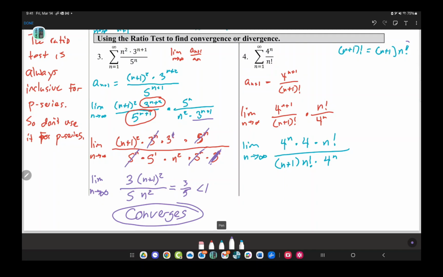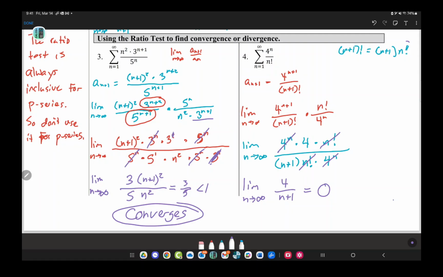So here, what's going to cancel out? n factorial and 4 to the n. So we're left with the limit as n goes to infinity of 4 over n plus 1, which is 0. Why? Because you only have n in your denominator. So it goes to 0.